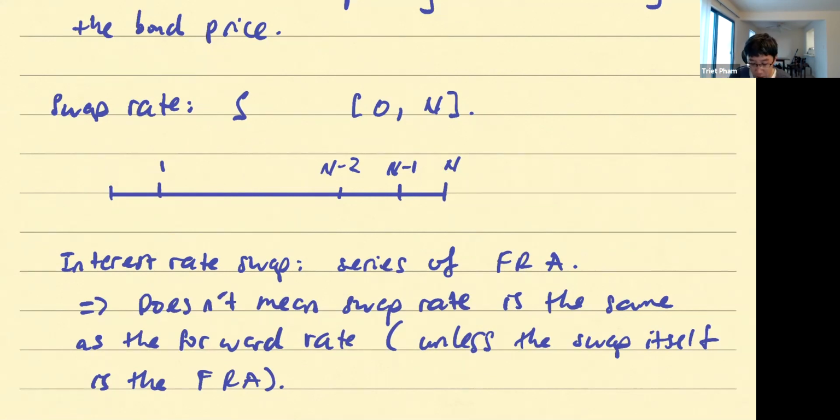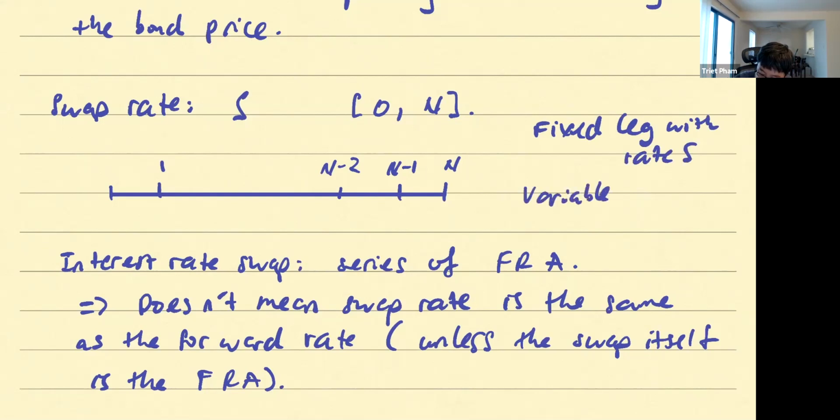So what's the story? One party pays the fixed leg with rate S, and one party pays a variable rate, R_k throughout. Depending on the direction, at time 1 you would have S minus R0 times delta T. Here you pay the variable rate and receive the fixed rate.